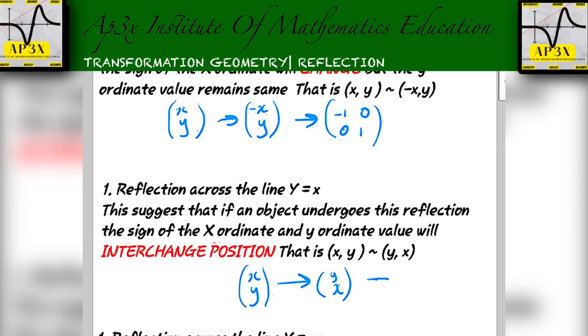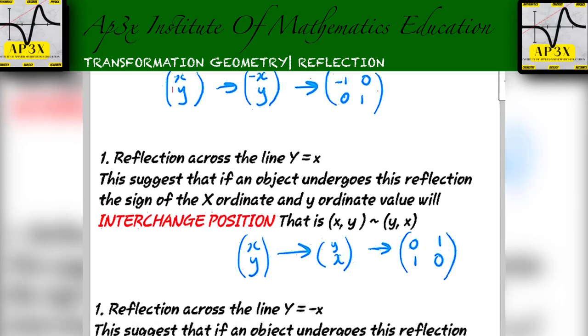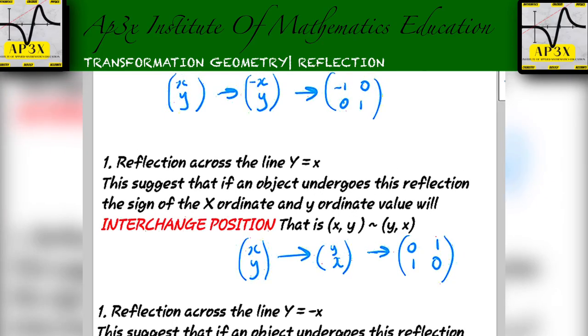Therefore, we end up with a reflection matrix of 0, 1 on top and 1, 0 at the bottom.